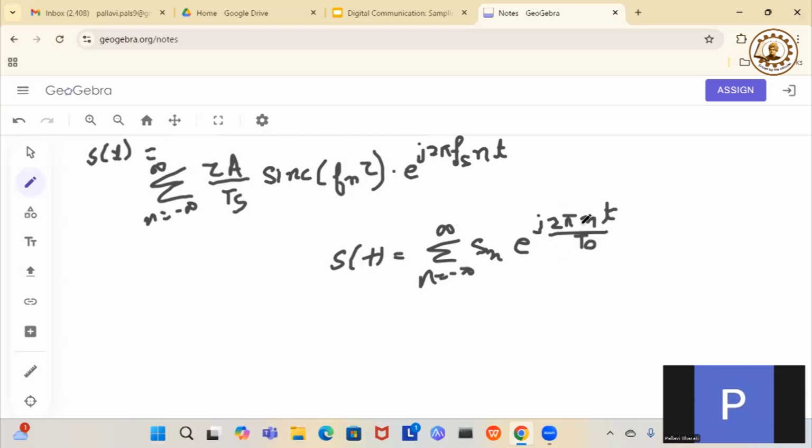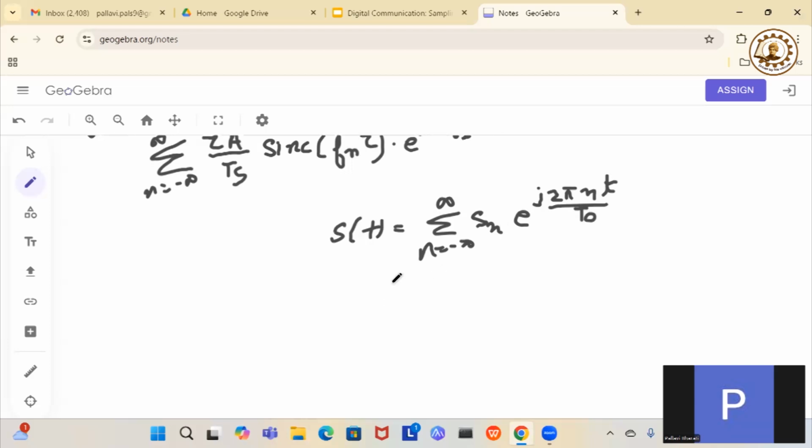So e to the power j 2 pi f_s n t. That is your Fourier series in exponential form. Now this T naught over here is equal to the sampling period, right? T naught is equal to Ts is equal to 1 by Fs.